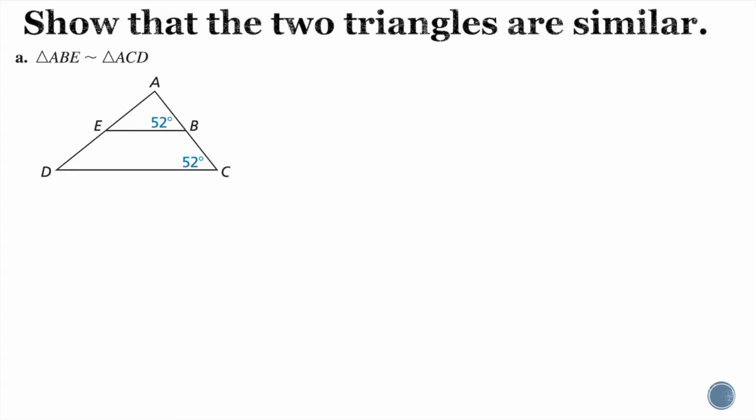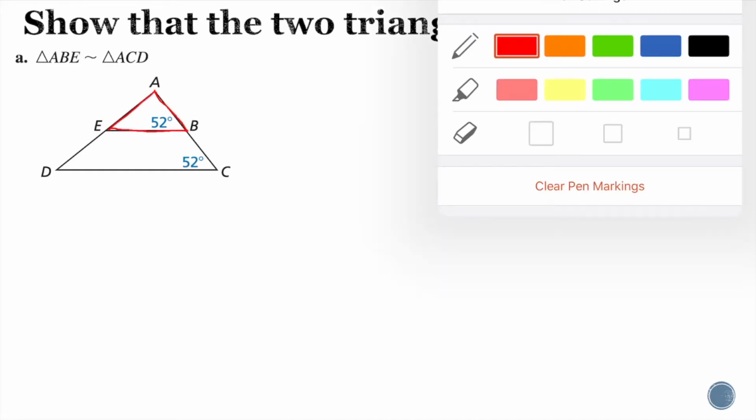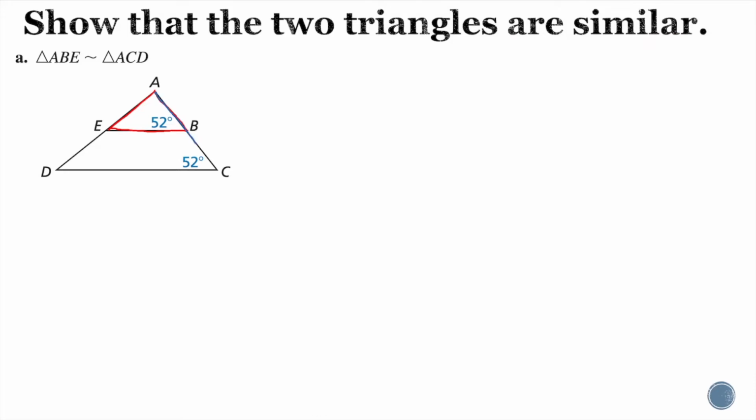Here, I want you to again show that the two triangles are similar. So I have two triangles, one on top of each other. So I have triangle ABE and triangle ACD.